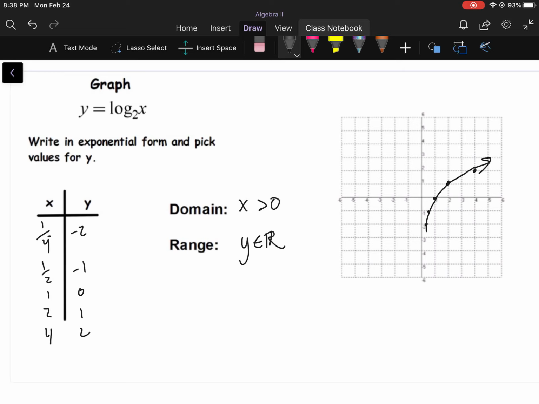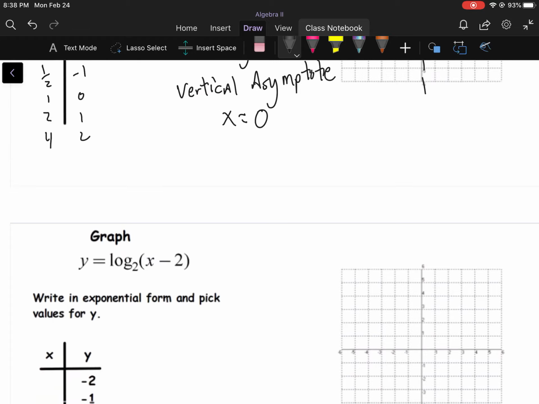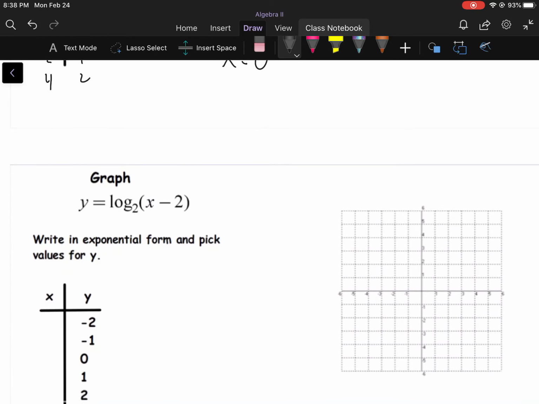In fact, I don't have a horizontal asymptote. I've now got a vertical asymptote at x is equal to 0. Okay, so notice I kept the same base of 2.